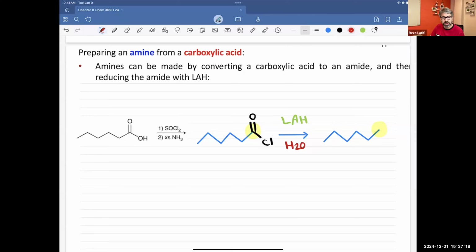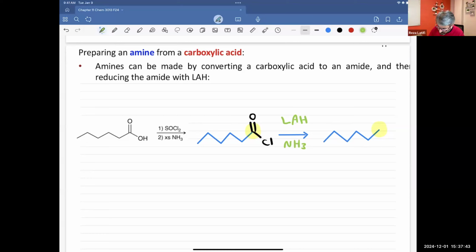If we run such an experiment with excess lithium aluminum hydride, the carbonyl group will be gone, and also the chloride. Forgive me, instead of this one, I should say NH3.